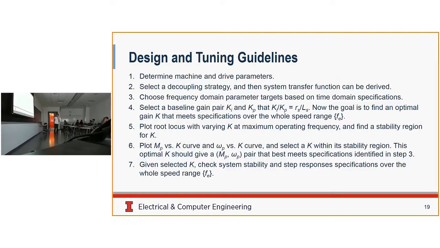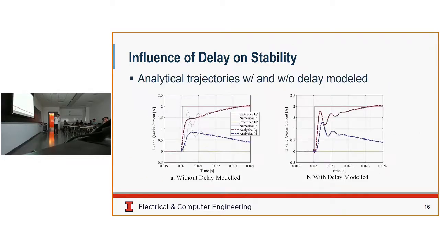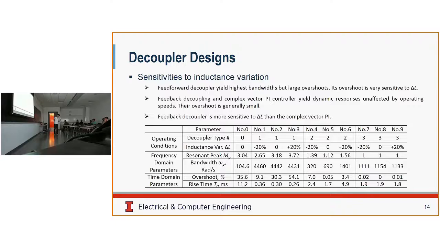Oh yeah, I skipped one thing: the frequency domain parameters are closely related to the time domain parameters. Previously in that table, we can see that the bandwidth is closely related to the rise time, and the resonant peak is closely related to the overshoot.